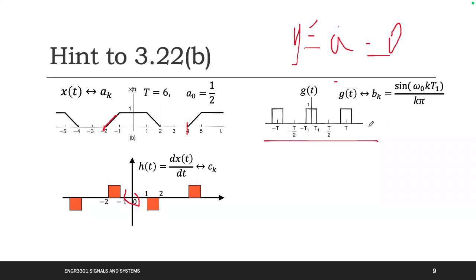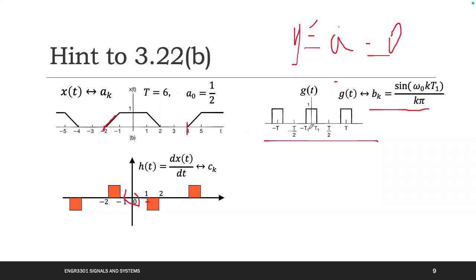So we know that for these signals, the FS coefficient is this one. And here we need to try to represent ht with gt. So T equals 6. What's t1? Actually, t1 is 0.5, because it's a similar thing.